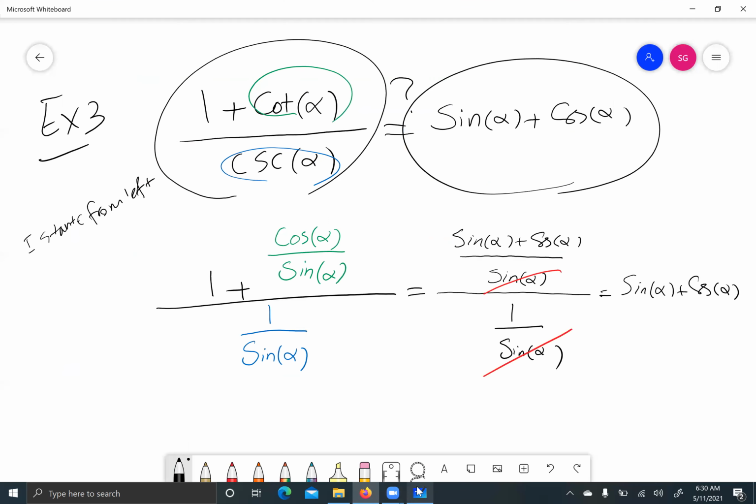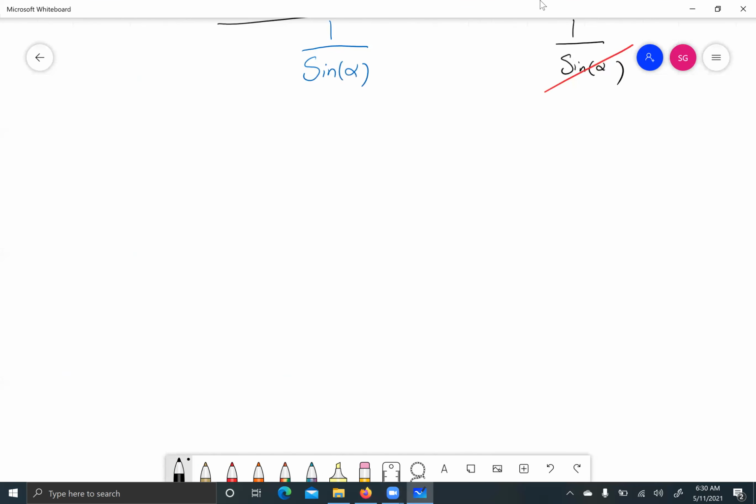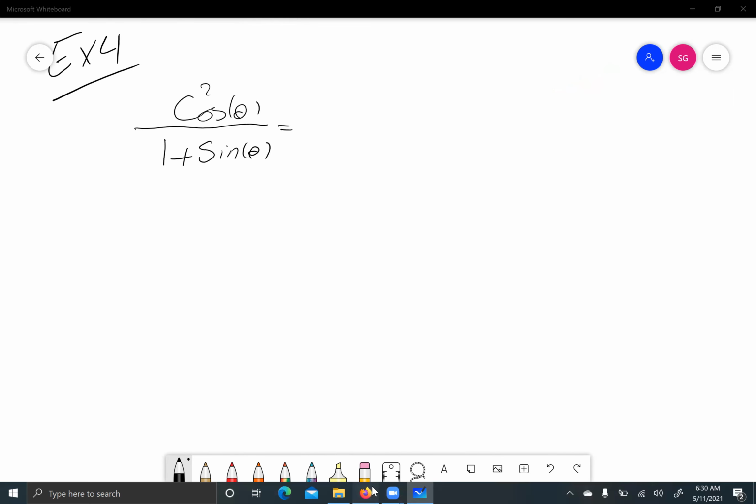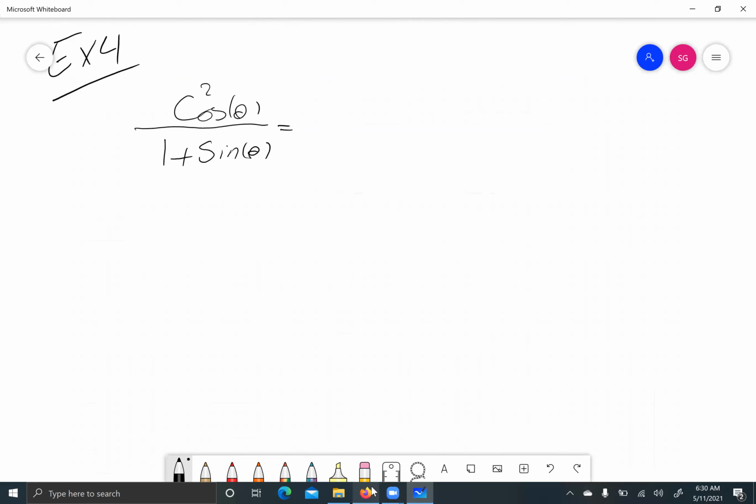How about this one? Let's look at example 4. Cosine square over 1 plus sine equals 1 minus sine. Let's see if this holds.